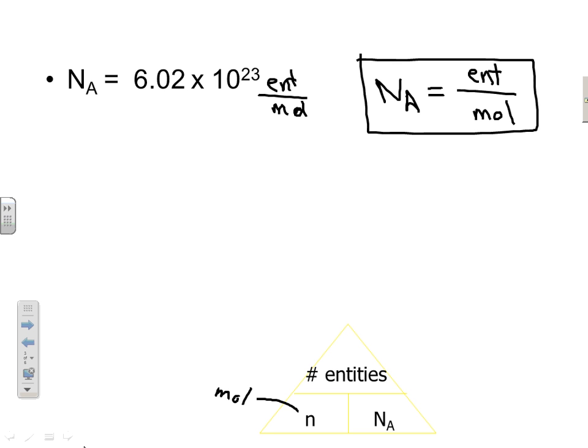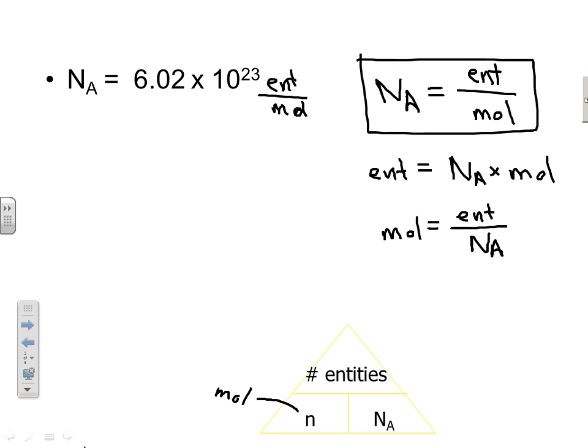If we wanted to calculate entities, I would bring moles up to this side. You've done that type of math before, right? Where you multiply both sides by moles. So I could then have entities equal to Na times moles, right? And if I wanted to find moles, I'd have to bring moles up here and Na down there. Moles would be equal to entities divided by Na.